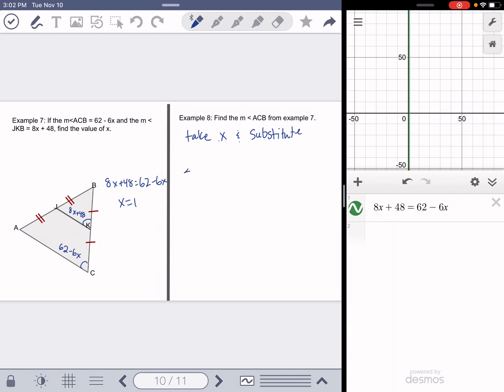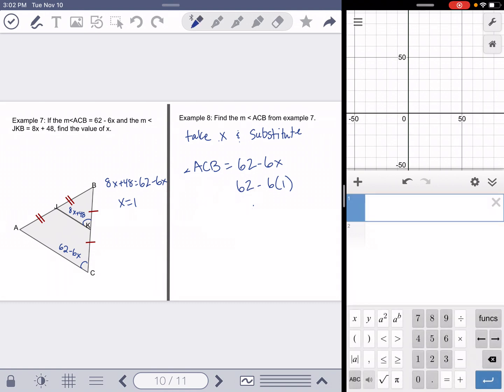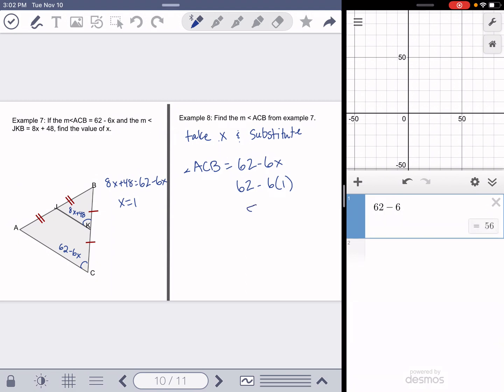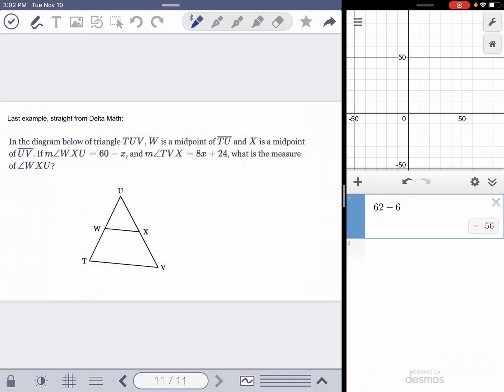So angle ACB is 62 minus 6x. 62 minus 6 is 56. Not so bad.